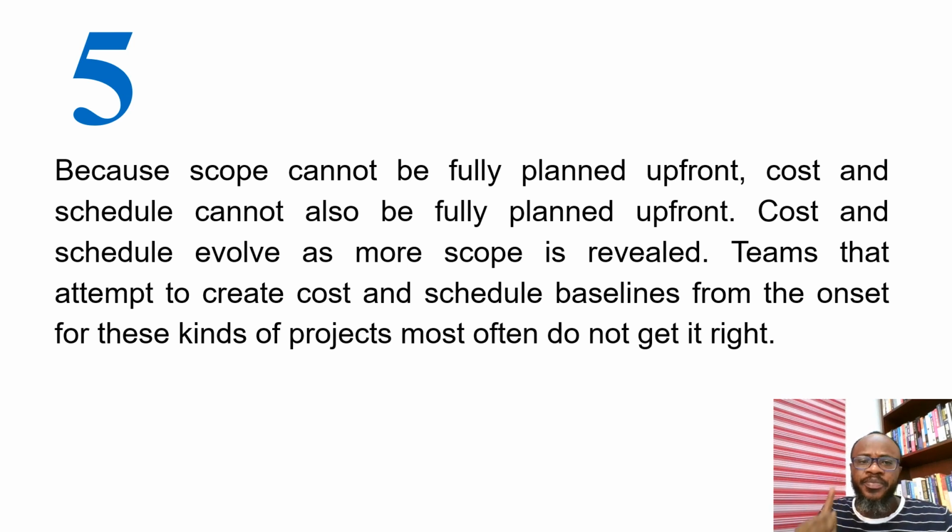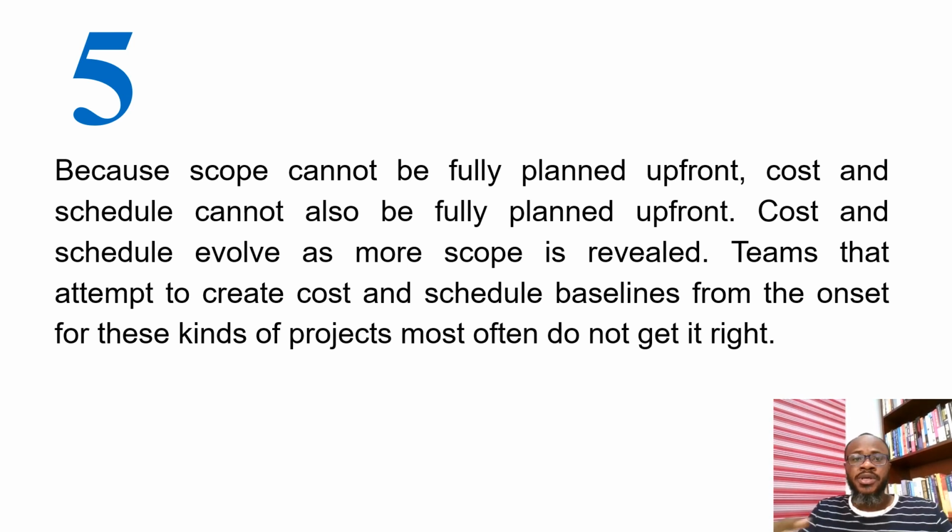Number 5, because scope cannot be fully planned upfront, cost and schedule cannot also be fully planned upfront. Cost and schedule evolve as more scope is revealed. Teams that attempt to create cost and schedule baselines from the onset for these kinds of projects most often do not get it right.